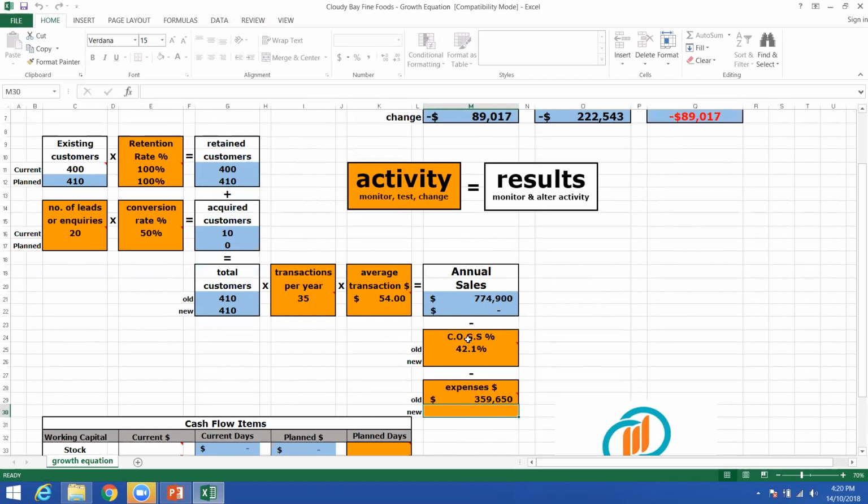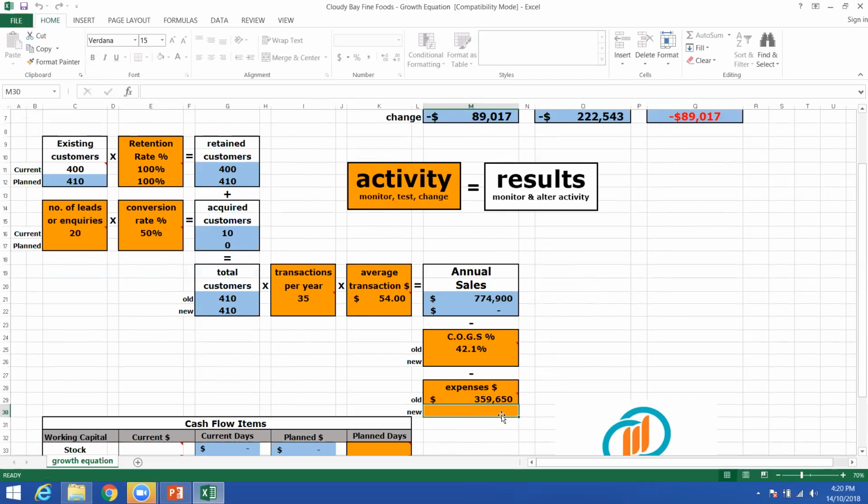From Nigella's sales, we take 42.1% cost of sales. So that's the cost of all the product that she sells, all the inputs to the food that she makes, all the things that she buys to resell.